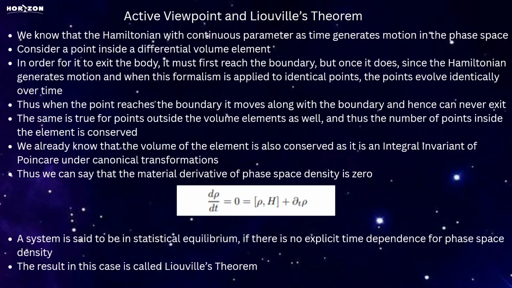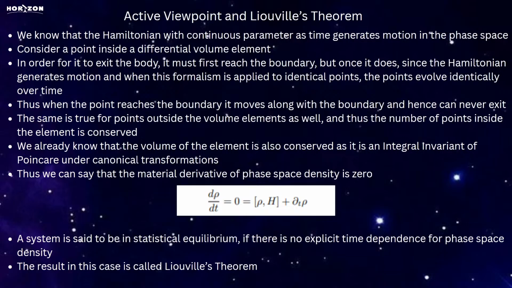But wait a minute, we already know that the volume of the differential element is conserved because it's an integral invariant of Poincare. We also know that the number of points inside this volume element is the same. This means that the density within this differential volume element is the same regardless of what point in time we are considering.